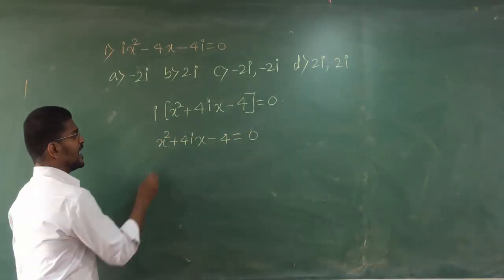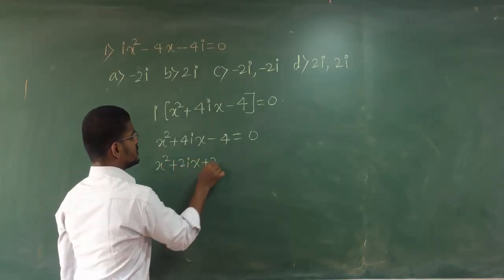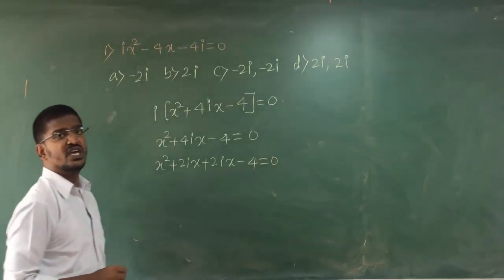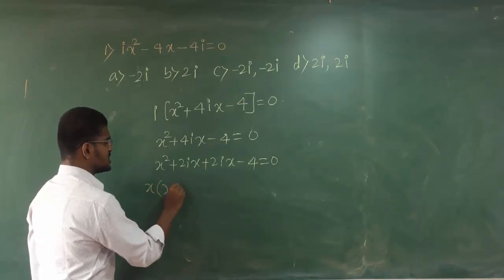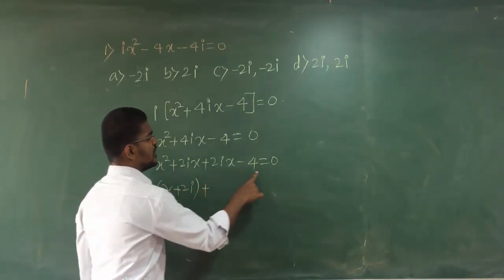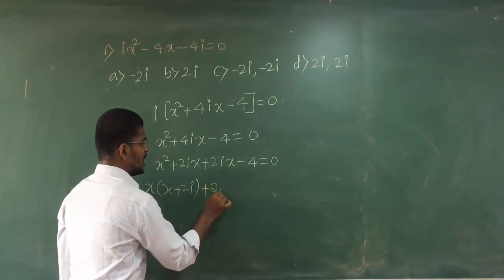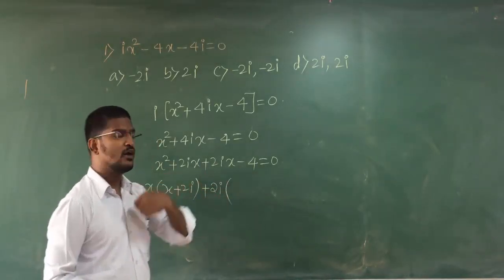So now how can you write x square plus 2ix plus 2ix minus 4 equal to 0. What is common here? x is common, x plus 2i. And what is common here? I can take 2i as the common term.